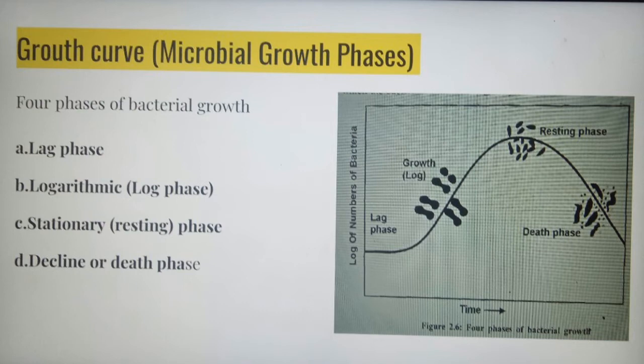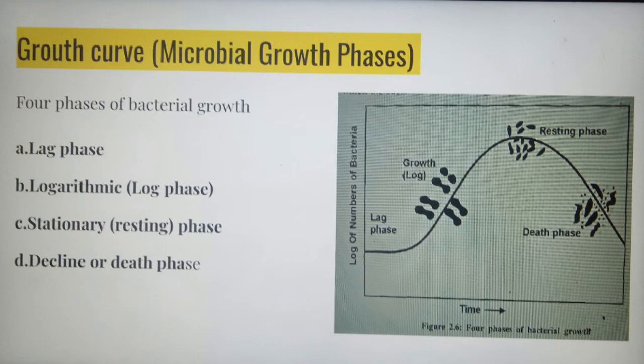During this period of microbial adaptation, an adequate quantity of necessary enzymes and metabolic intermediates are built up inside the microbial cells, as these could be required for subsequent multiplication. So this phase is a beginning phase.